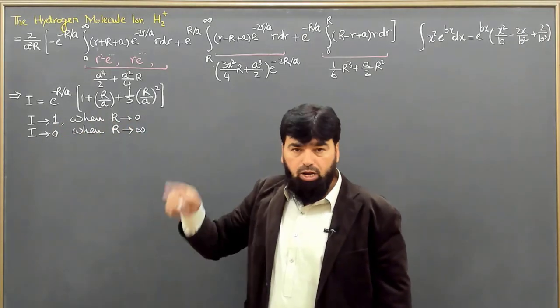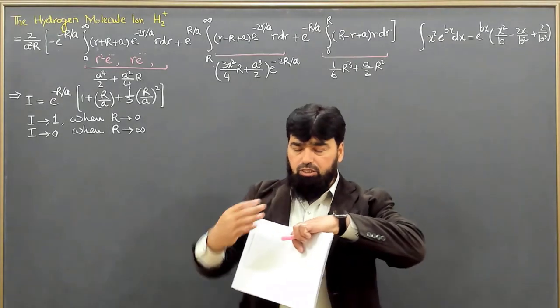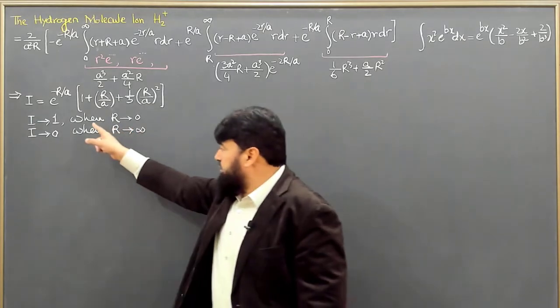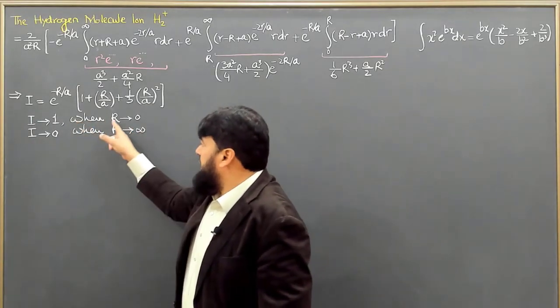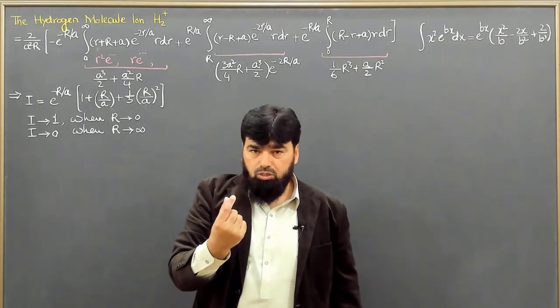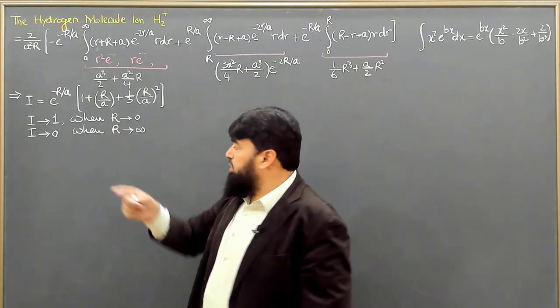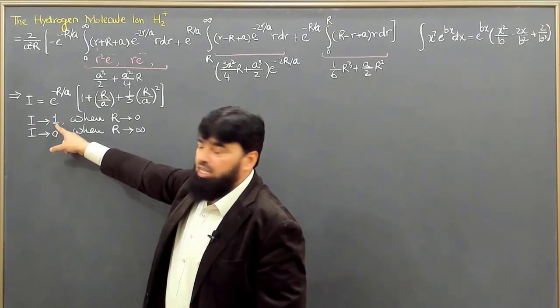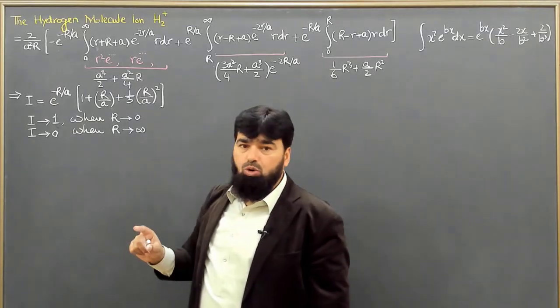They are the overlap integrals. I mean, the two wave functions are basically overlapping each other. When R goes to 0, like you are bringing the two protons closer, their waves will just behave like a single wave, and then this goes to 1.